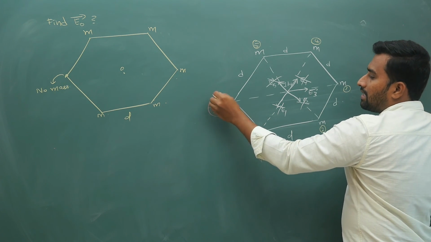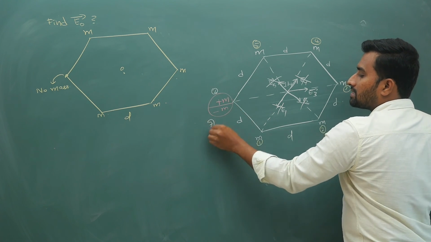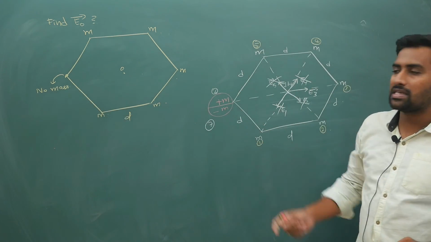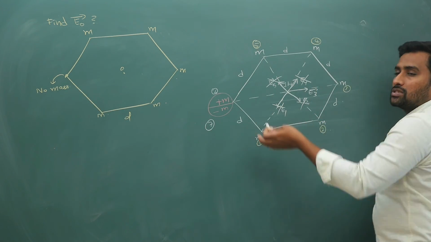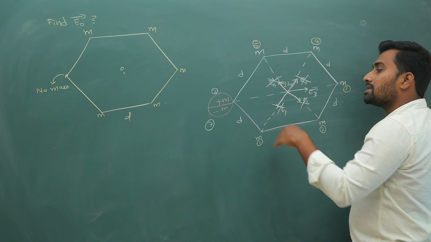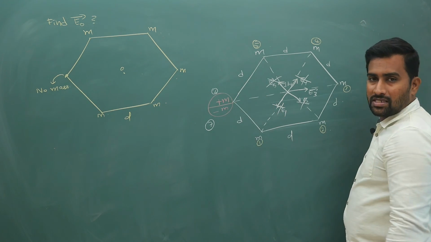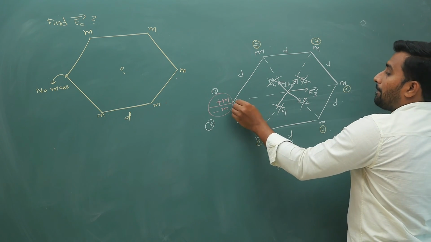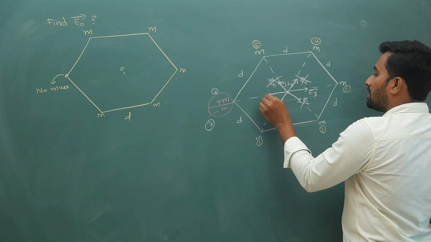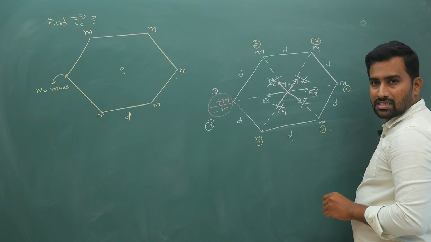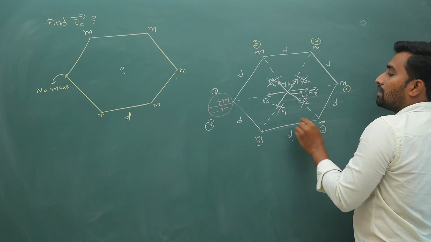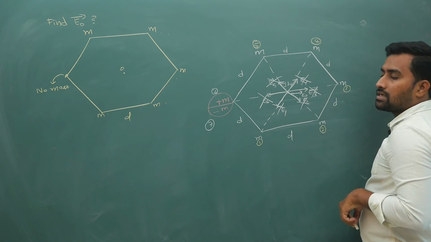Now here there are 6 and 7, totally 6 and 7. Because here there is no mass, I am keeping plus M and minus M. So I am assuming that there is some positive mass as well as negative mass. Because of the positive mass, plus M will attract this way. So that is E6. Negative mass will repel. So E7 will be this way. So E6 and E3 will cancel off.